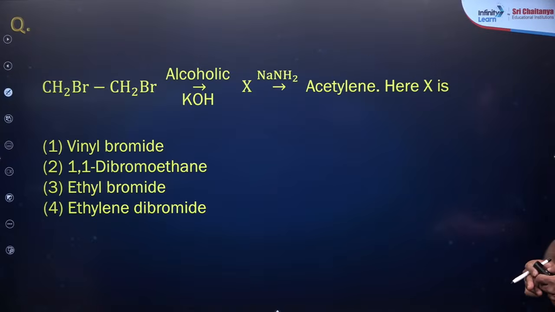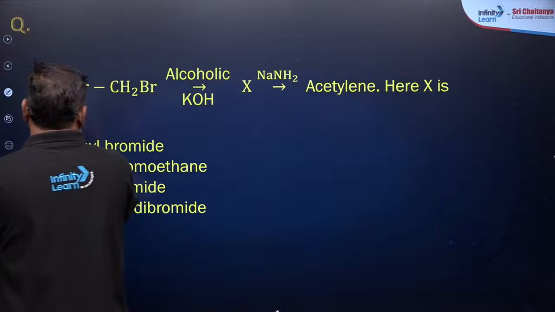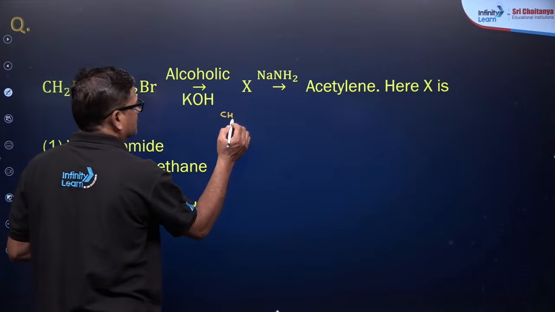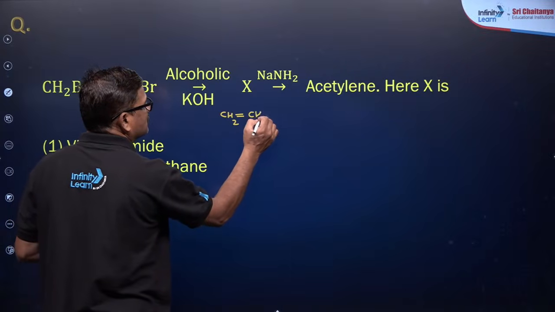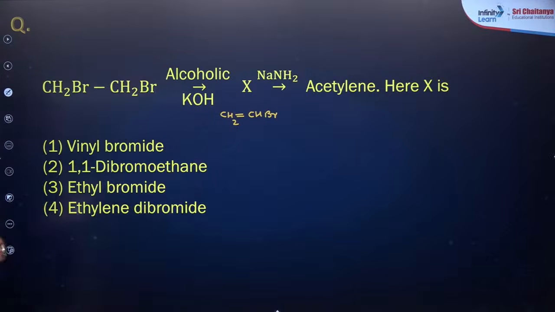Moving ahead. So what is the alcoholic KOH? Dibromide, you are going to get CH2 double bond CHBr, from a vicinal dihalide.